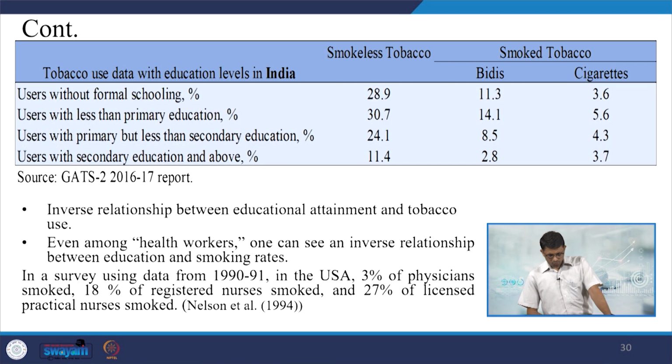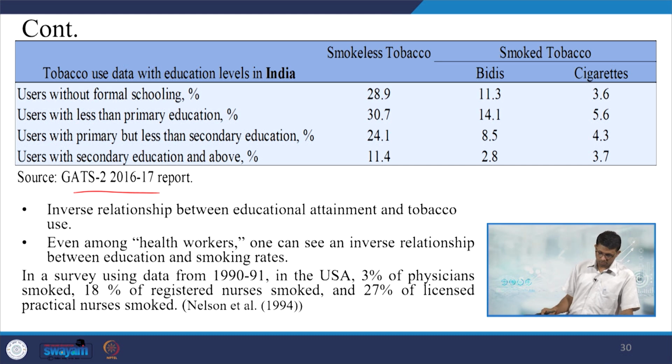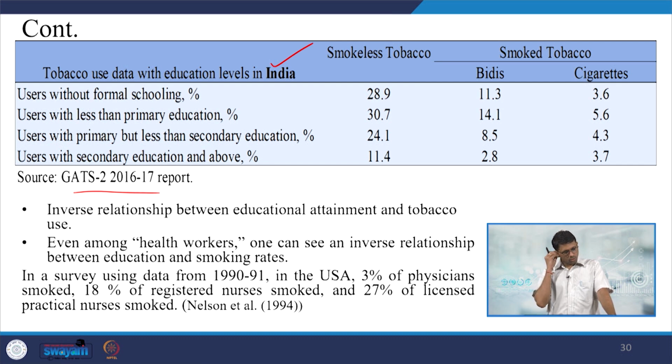Okay. Now, some of the other facts from the GATS data 2016-17 report: you can see users without formal schooling and their tobacco use data with education in the Indian context is presented in this data. Users without formal schooling, users with less than primary education, then users with primary but less than secondary education.